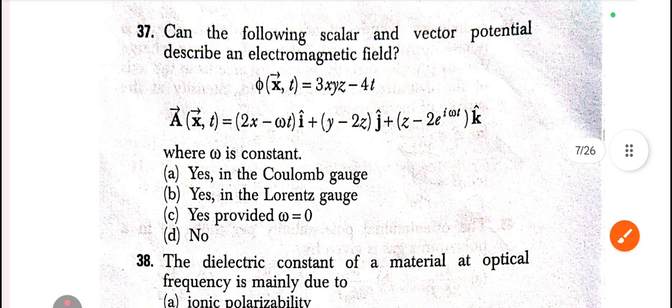Can the following scalar and vector potential describe an electromagnetic field? For an electromagnetic field, we have the relations del dot A equals 0. Also del dot A plus partial phi over partial t equals 0. Check for this.